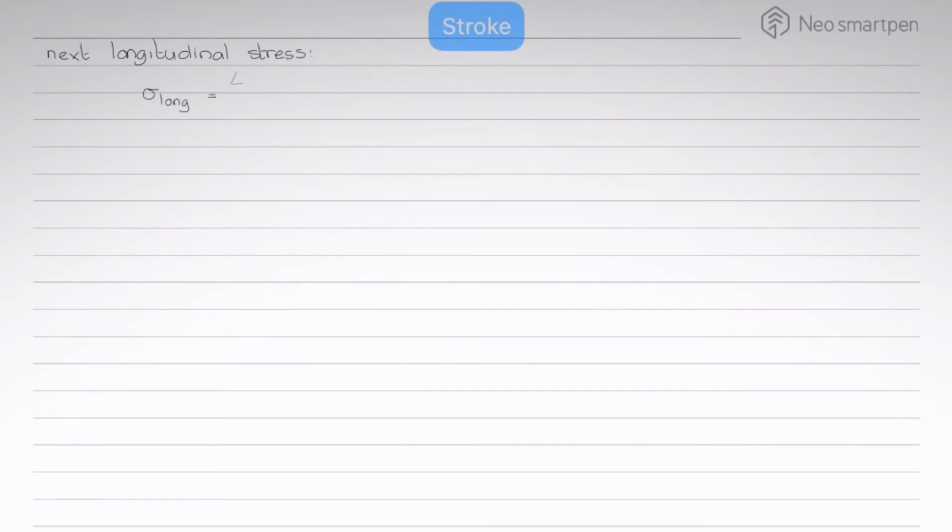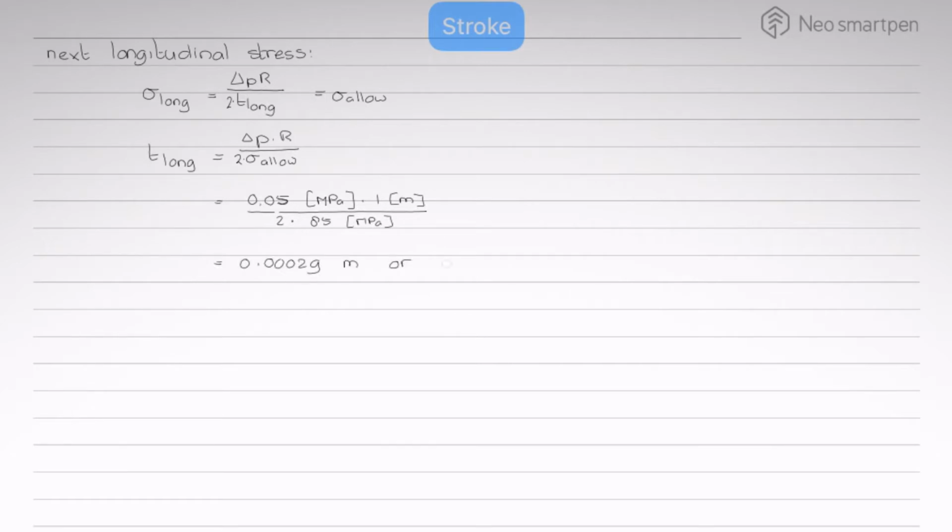To calculate the minimum thickness in longitudinal direction, this formula must be equal to sigma allowable. This gives that the thickness for the longitudinal stresses is equal to delta P times R over 2 times sigma allowable. Substitution gives 0.05 megapascal times 1 meter over 2 times 85 megapascal, and if you do the math, this gives a thickness of 0.00029 meters or 0.29 millimeters.